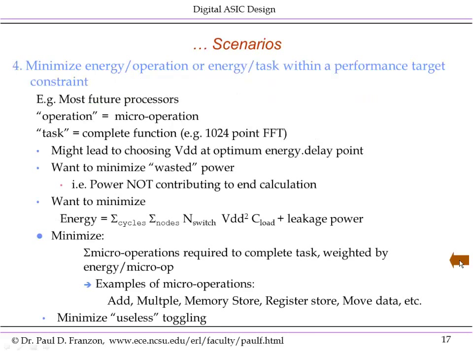Finally, the scenario that I talked about before, and that is you have a performance target and you want to minimize energy per operation or energy per task. This is actually typical of most microprocessors and frankly most specialized processors. We want performance.